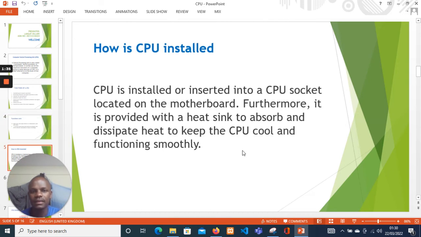So the next item is to see how the CPU is installed on a motherboard. The CPU is installed or inserted into a CPU socket located on the motherboard. This socket is provided with the heat sink.